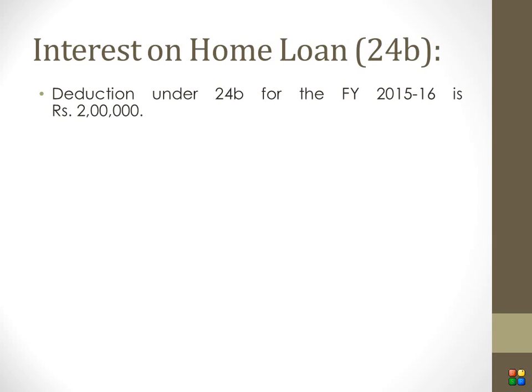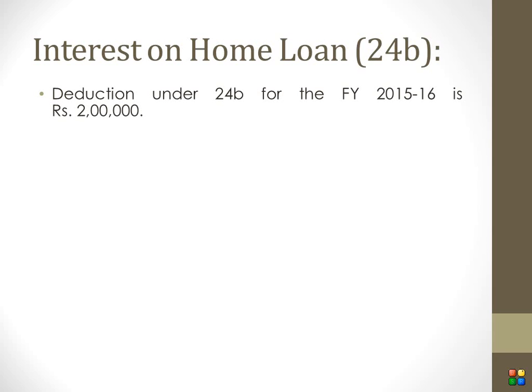That means whatever interest you paid for a home loan, which is a self-occupied home, it should not be a let out home. If the house property is given on rent, then there is no limit for the deduction. You can claim 4 lakhs also if you are paying 4 lakhs.